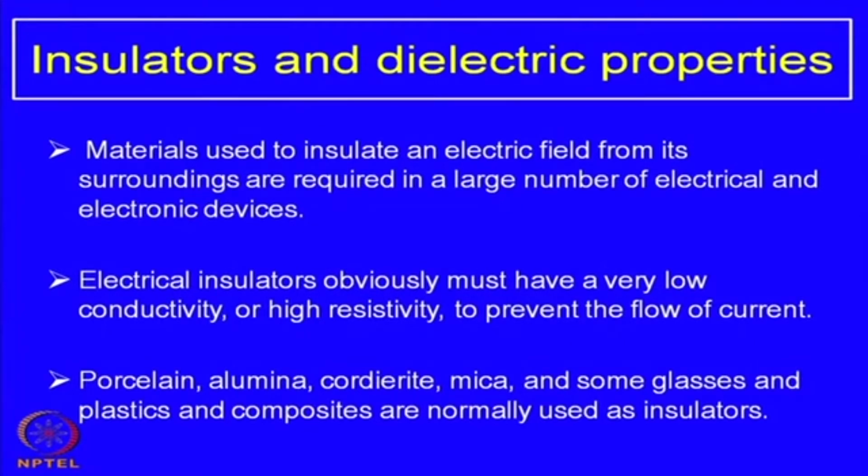Glasses of different compositions, some glasses of course fairly conducting, whereas most of these glasses are insulators. And of course, there is a range of plastics or polymers which are in general insulators, but maybe you are aware that there are examples of plastics or polymers which are also conducting in nature.